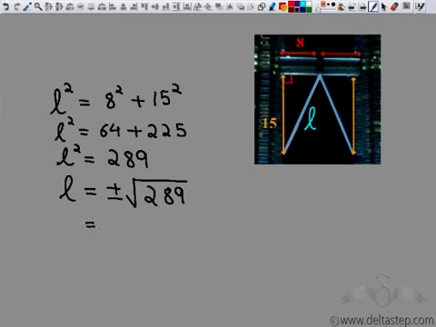So length would be square root of 289. So length is equal to square root of 289, which is 17. So since this is 15 meters vertically down, length would be 17 meters, you can say. So the length of the beam is 17 meters, which is found using Pythagoras theorem.